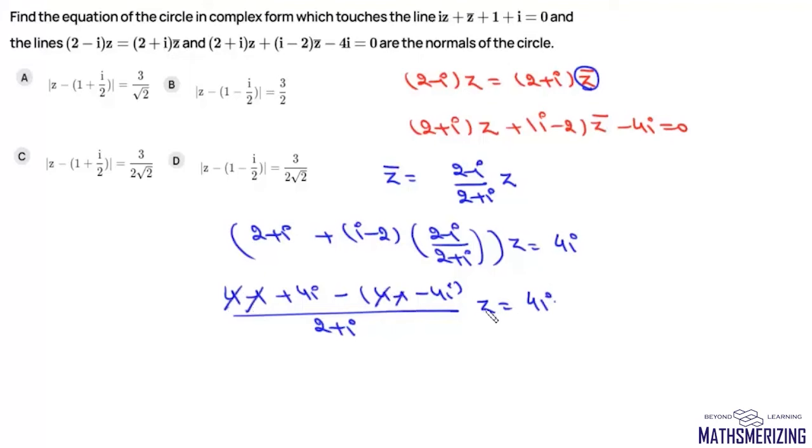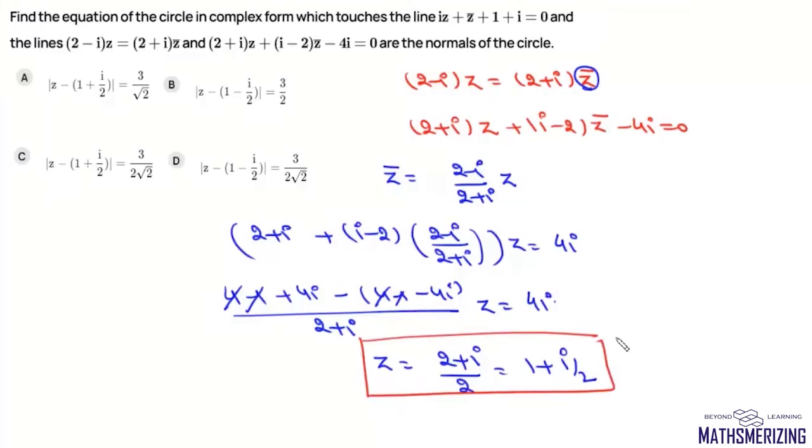We'll get this as 8 iota, which is 2. So value of Z will be 2 plus iota upon 2 or 1 plus iota by 2. So center of this circle, it will be at 1 plus iota by 2.